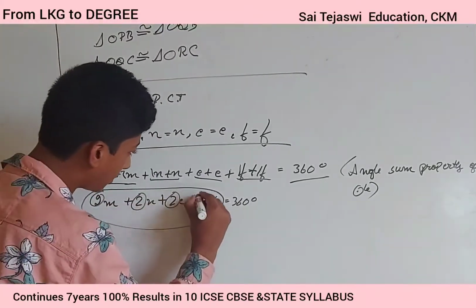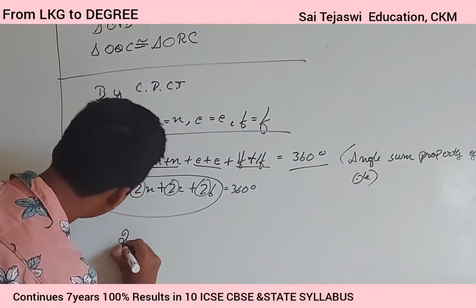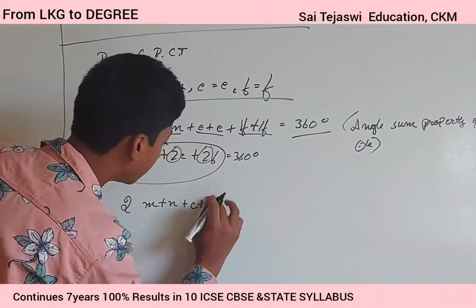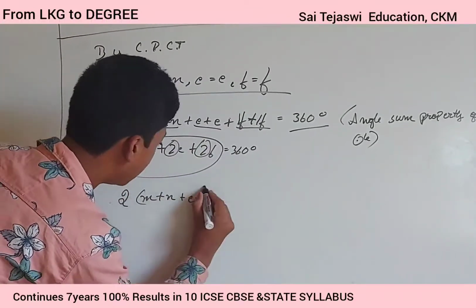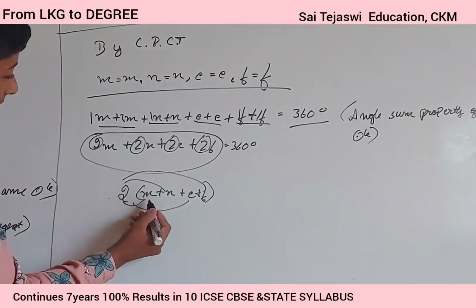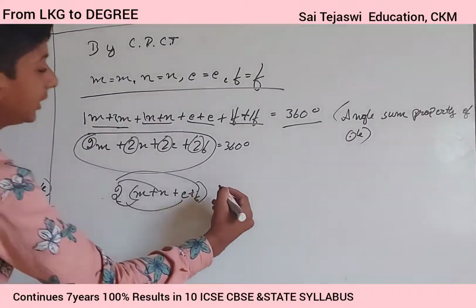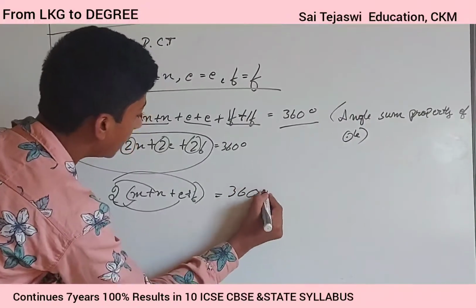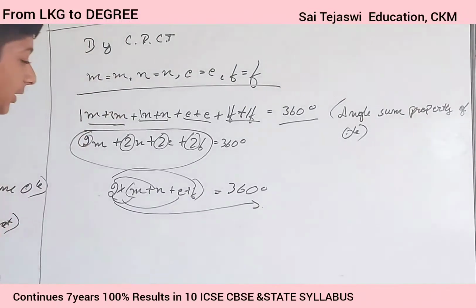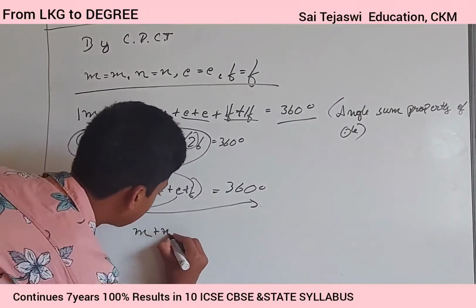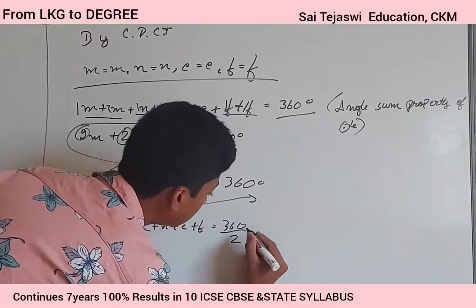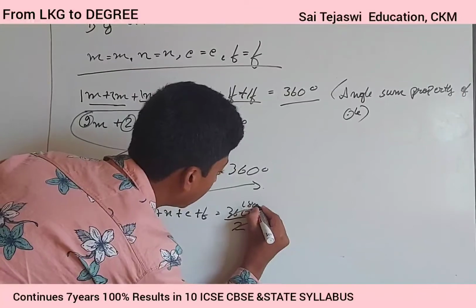In all the terms the common factor is 2, so we take 2 outside: 2 times (m plus n plus e plus f) equals 360. Multiplying back gives the same terms. As it is multiplying, we take 2 to the other side as the denominator. So m plus n plus e plus f equals 360 divided by 2, and 360 divided by 2 is 180 degrees.